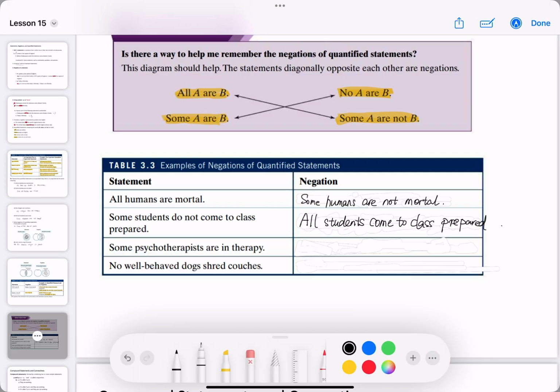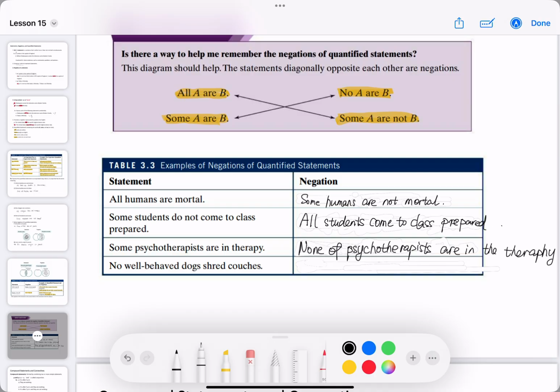Next, some psychotherapists are in therapy, and the negation is none of the psychotherapists are in therapy.